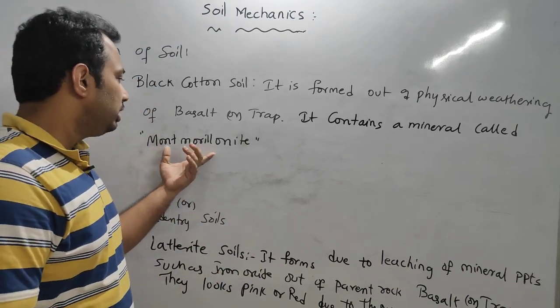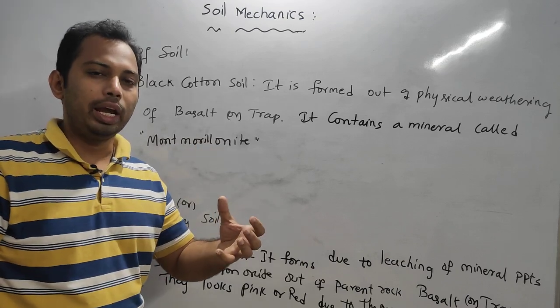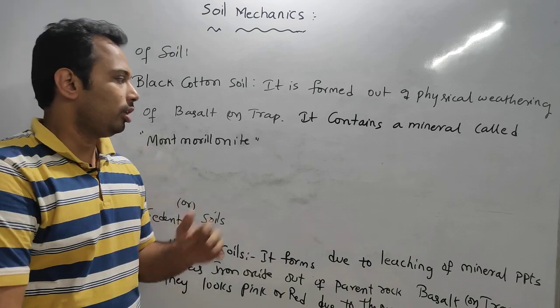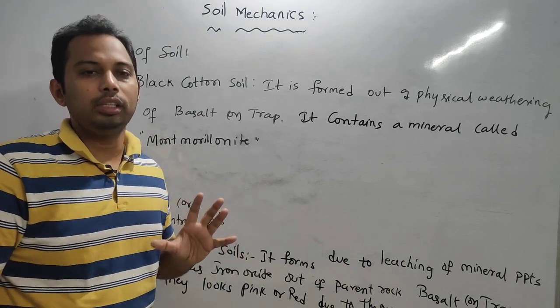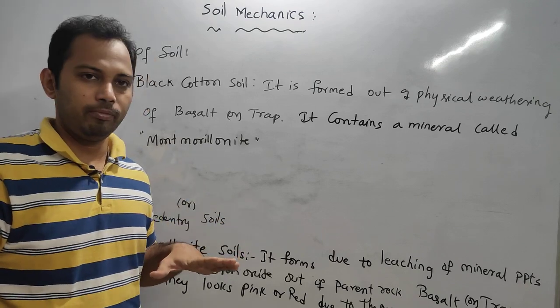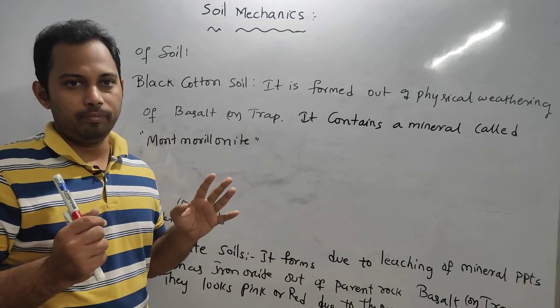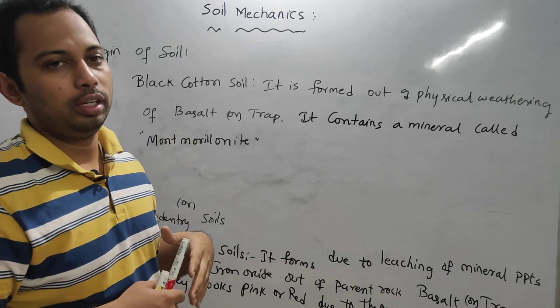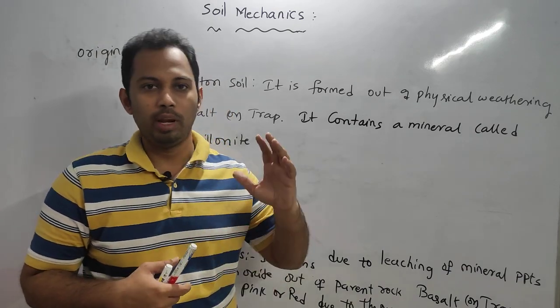This mineral generally causes excessive swelling and excessive shrinkage. The nature of this mineral is that it is very thirsty. It takes more water, however much you give, it will take. As well as it will lose all the water all of a sudden. When the temperature is increasing, whatever water you have given, all the water will evaporate.